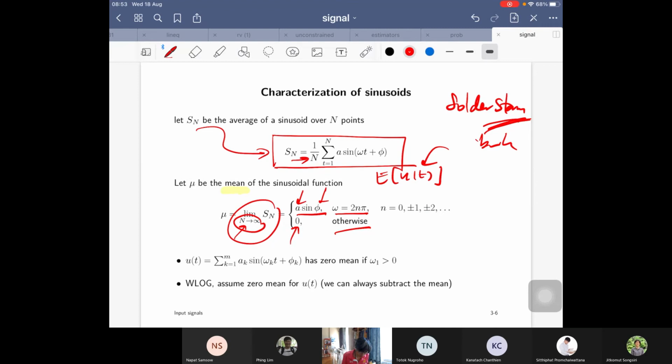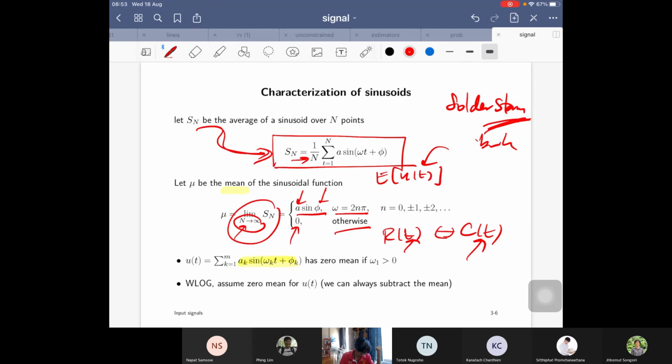It means that, with this given information, if you have a sum of sinusoidal inputs, you can make it zero mean, because having a zero mean signal is simple. You can use the second moment, and the covariance function and the autocorrelation will be the same if the signal has zero mean, so you don't need to worry about subtracting the mean before the analysis.